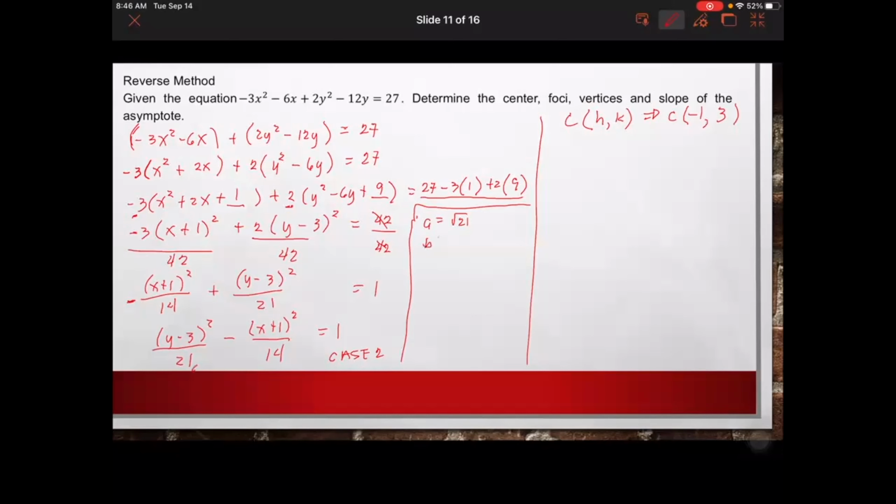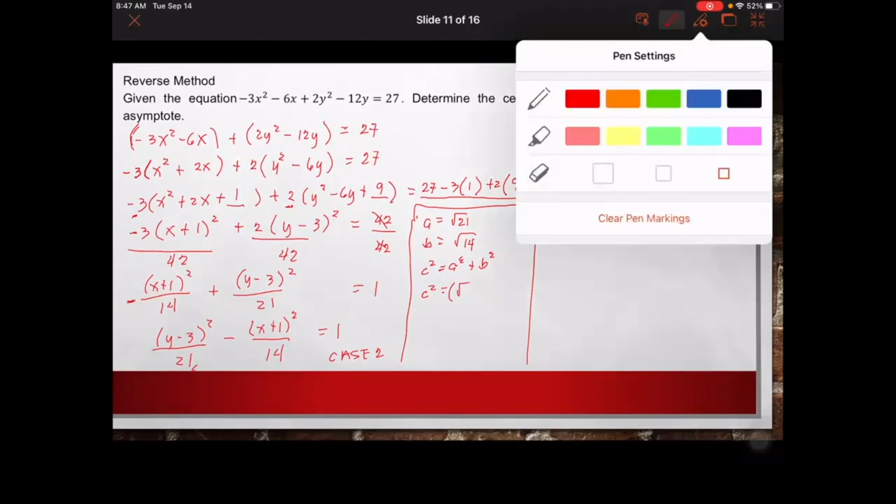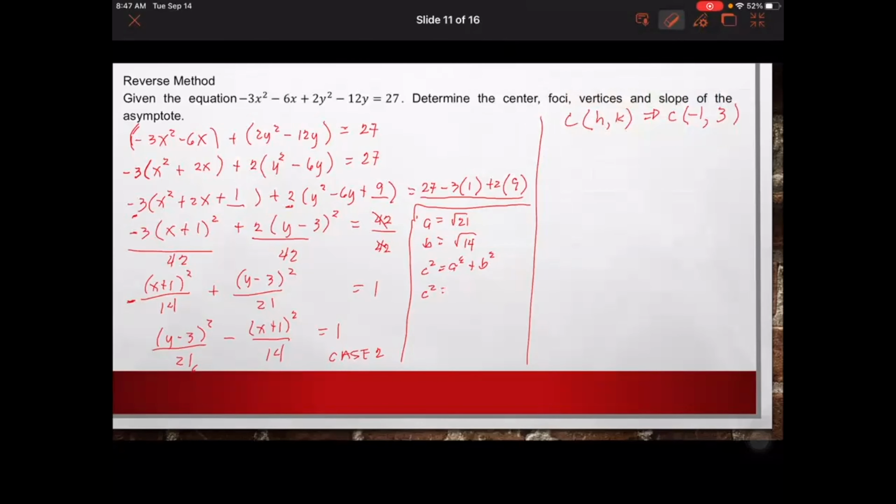And our B is equal to the square root of 14. Then, finding for C: C squared is equal to A squared plus B squared. Our A squared is 21 plus our B squared, which is 14.